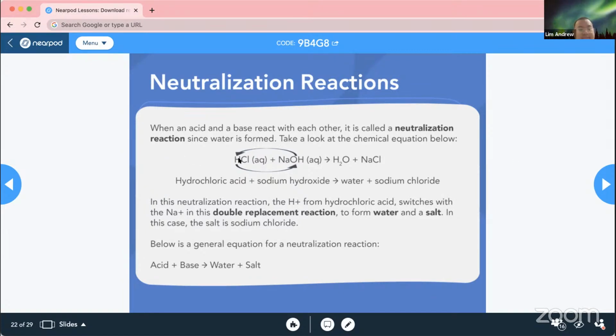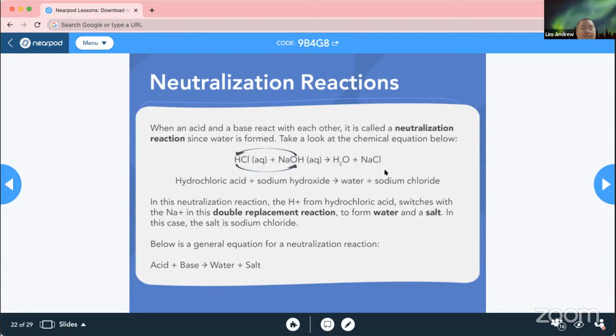So we have HCl plus NaOH giving us water and sodium chloride. Why? Because the hydrogen ion here will react with the hydroxide here, forming H2O, water, whereas the positive sodium, Na, here will react with the negative chloride here to form sodium chloride.